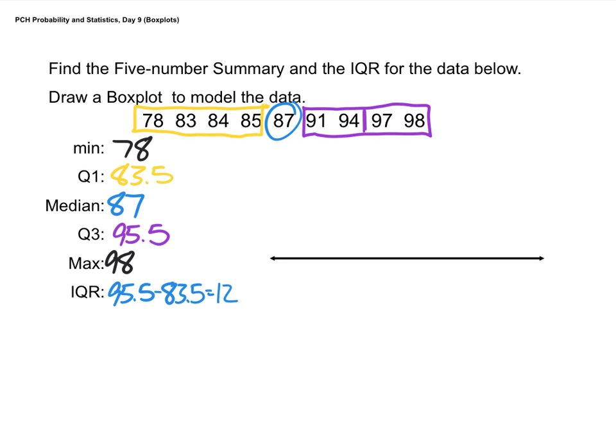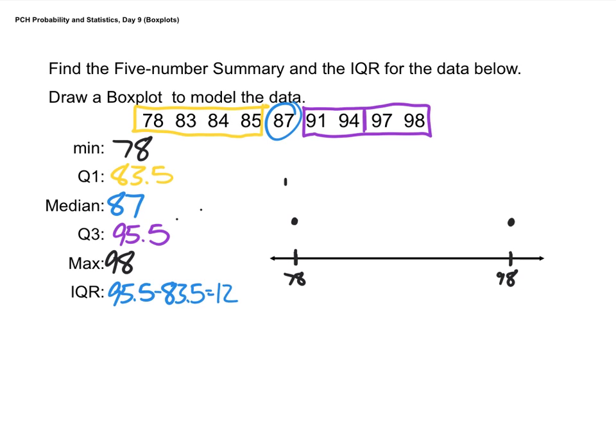We don't even have the graph yet. But now let's go ahead and draw the graph. Here's how I would do it. I don't have a scale on my number line yet, so I'm going to put marks for 78 and 98 because those are the min and max points.